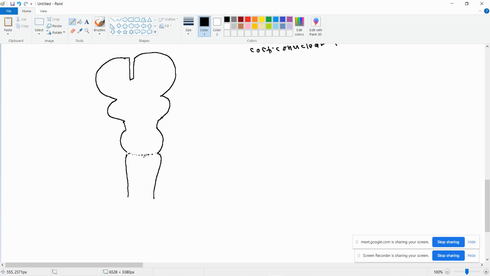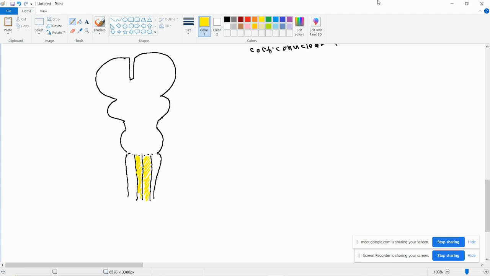This is your medulla oblongata. Centrally you have the anterior median fissure, and laterally the anterolateral sulcus. In between the anterolateral sulcus and the anterior median fissure, everything here is called the pyramid.